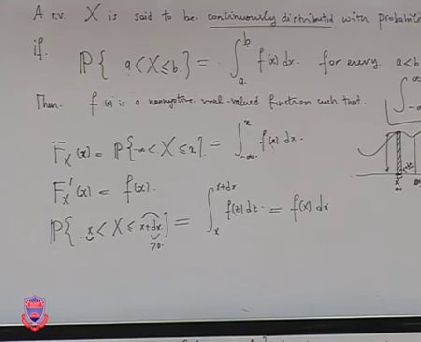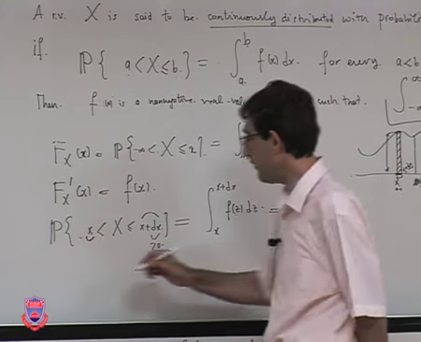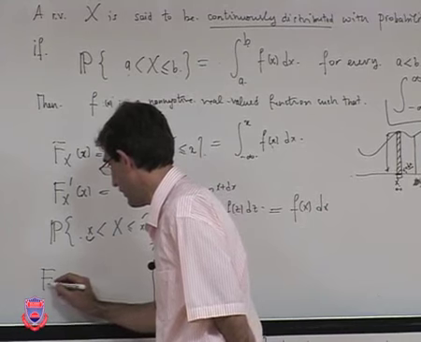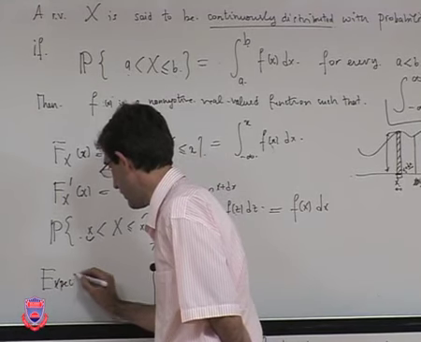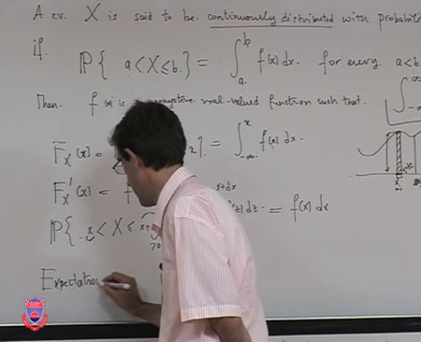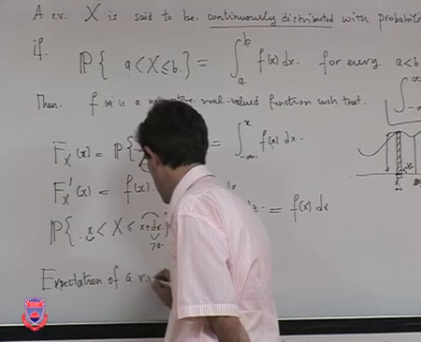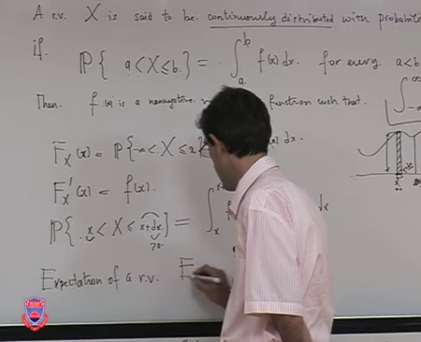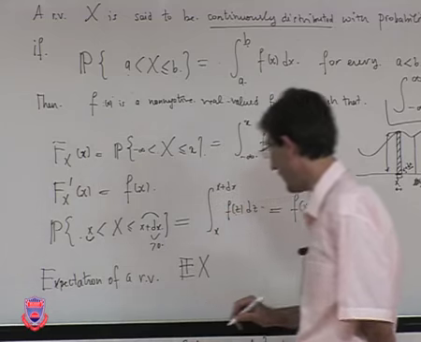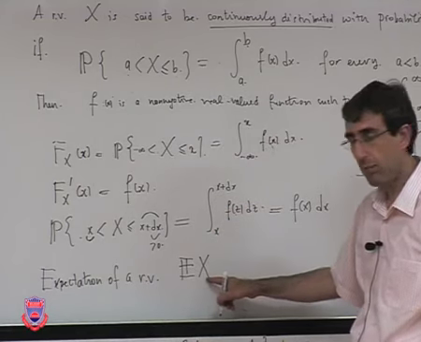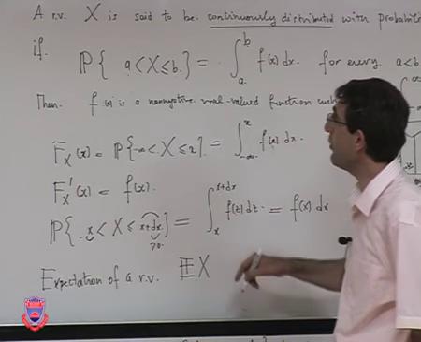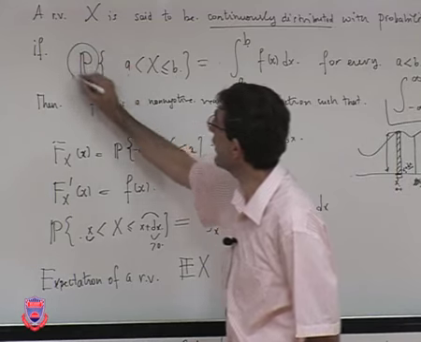All right, and finally, we can define the expectation. The expectation of a random variable. We denote it by E applied to X. You may have noticed the letters that I use.